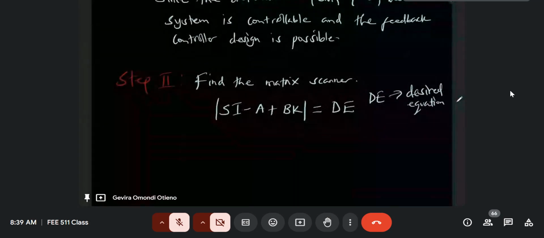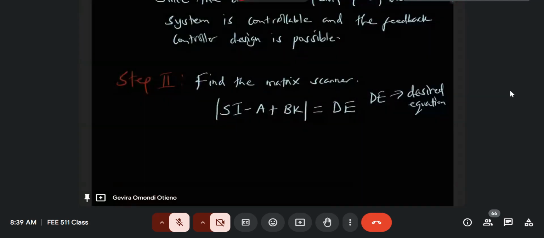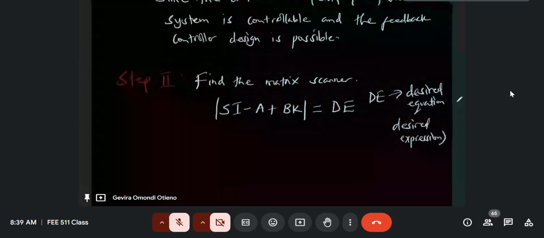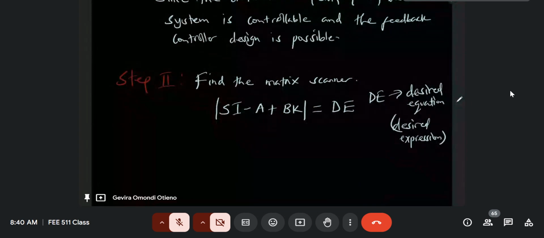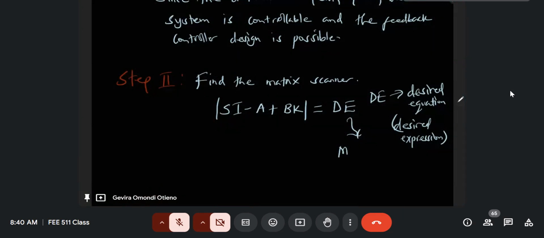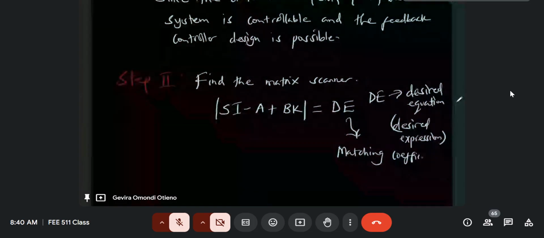Now, ladies and gentlemen, at this point, I should indicate that the desired equation is simply the desired expression. And some books will call this whole thing the matching coefficient formula.